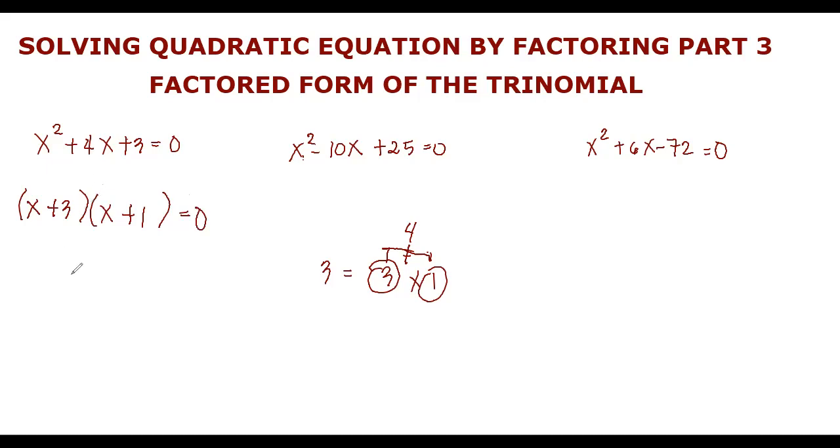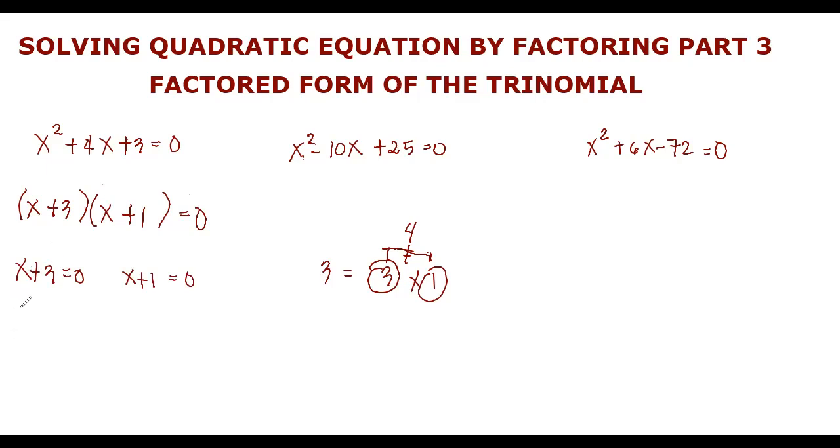Now, like what we did in the second part, we need to equate each factor to 0. We have x plus 3 is equal to 0 and x plus 1 is equal to 0. Next is to transpose positive 3 to the right side of the equation.